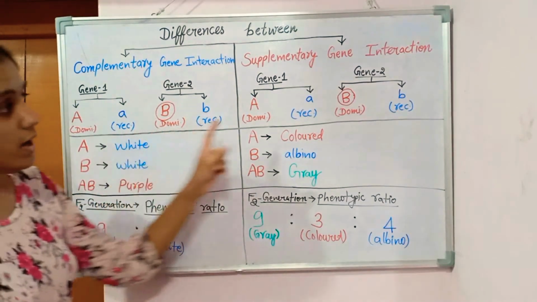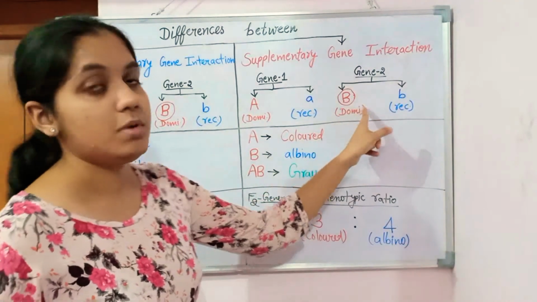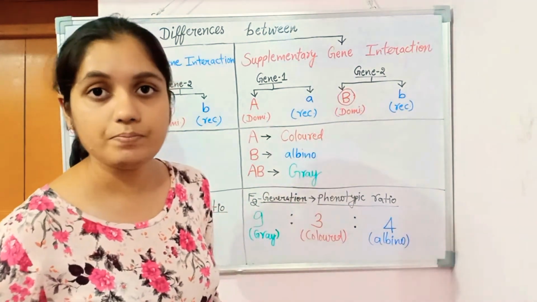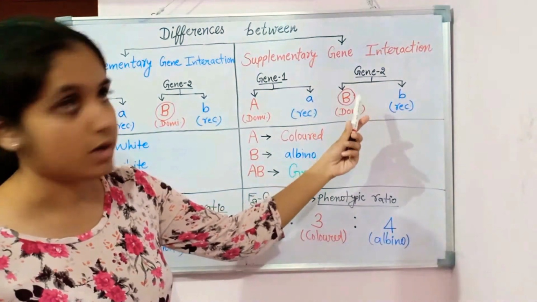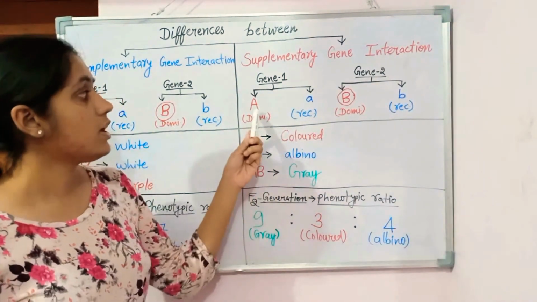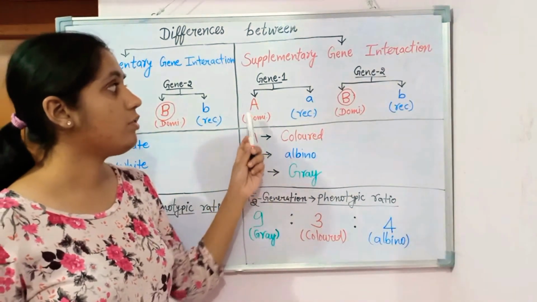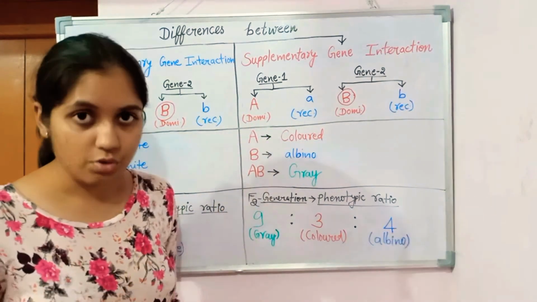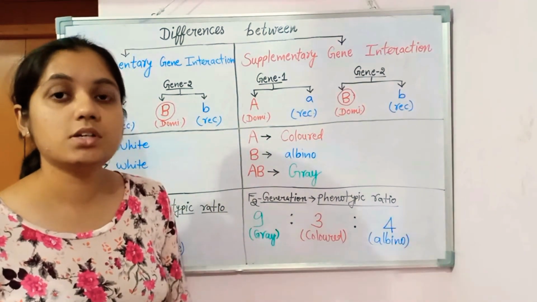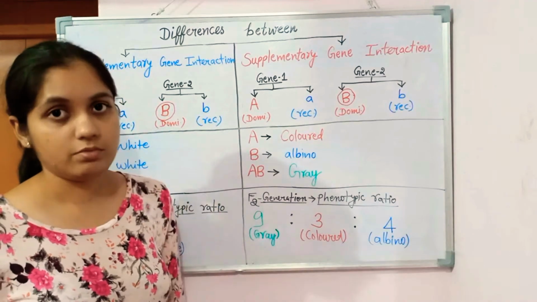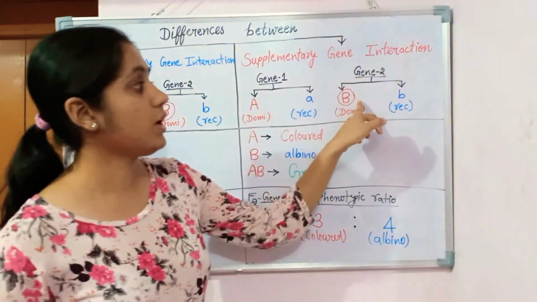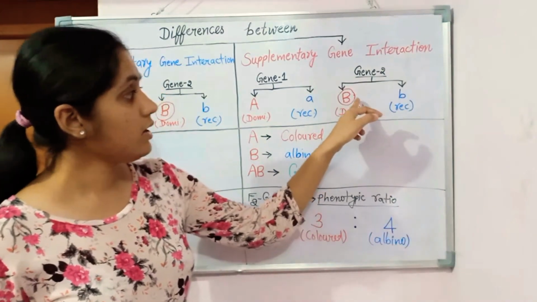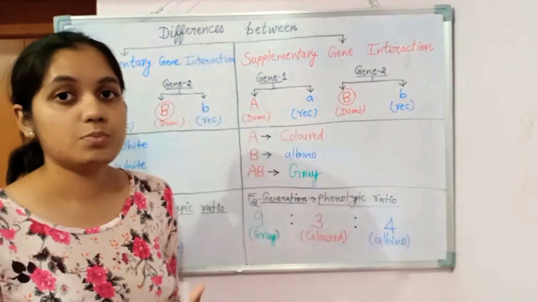Okay, and here this capital B is known as the supplementary. Why? Because here you can see this dominant allele of gene 1 has its own phenotype. It can express itself and form a phenotype, but when it is present together with B, then a new phenotype is produced.